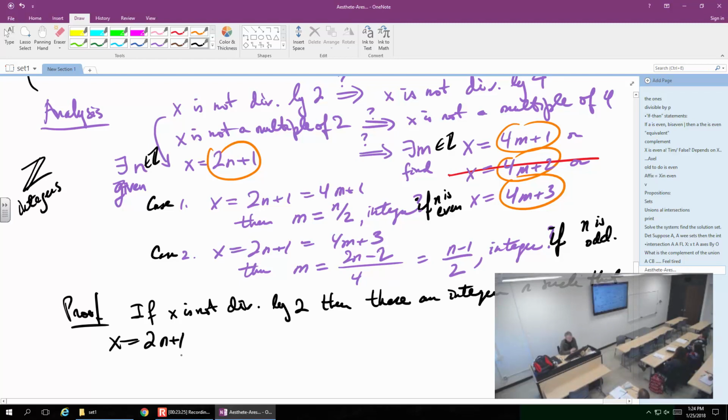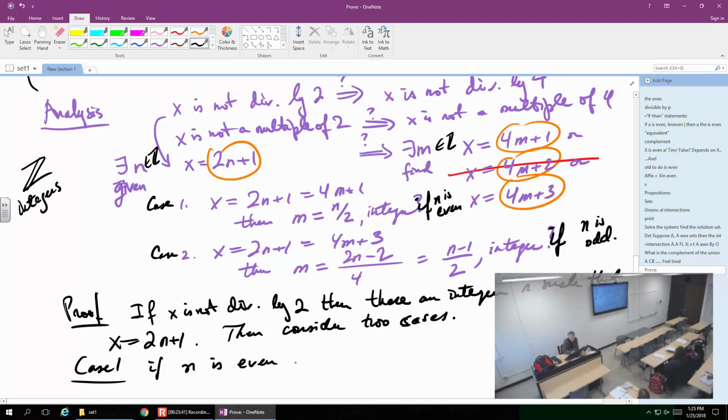Okay, so then consider two cases. Case 1, if n is even, then x is equal to, once again, 2n plus 1. Okay, hold on a second. Let's proceed on. Then n is equal to, say, 2m, m an integer, right?